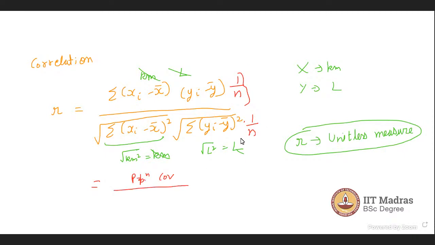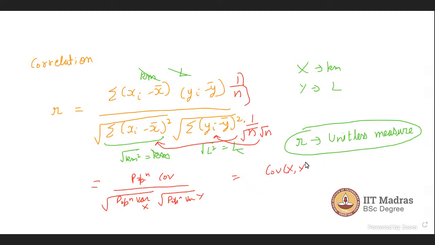Taking n as under root n and under root n, one goes to each factor, so the denominator becomes under root population variance of x and under root population variance of y. You can also write it as covariance of x comma y over sigma x sigma y. All of these are population ones.